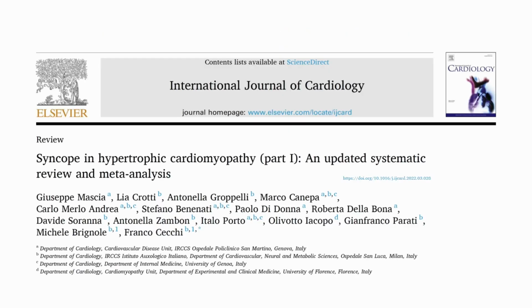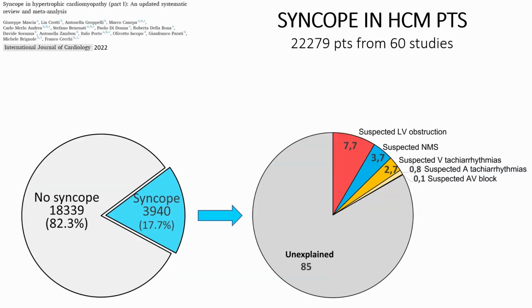For this reason, a few years ago, we performed a systematic review and meta-analysis of articles that considered syncope as a clinical characteristic. We collected more than 22,000 HCM patients from 6 studies. Syncope accounted for 17.7% of these patients.